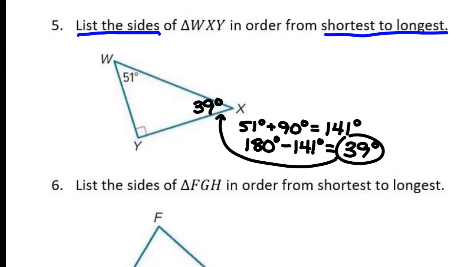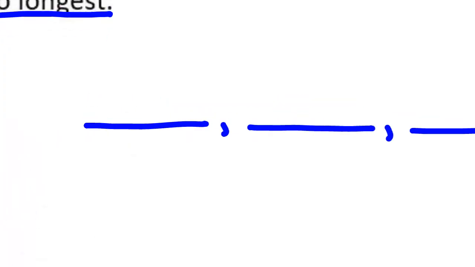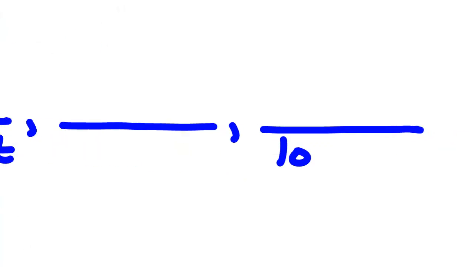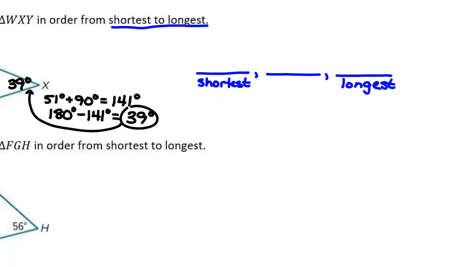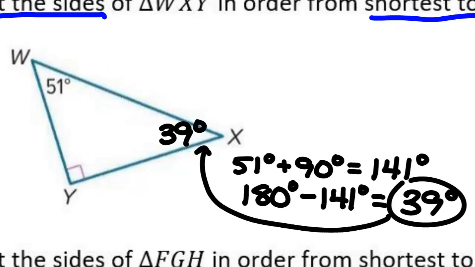Now I have enough information that I can put these sides in order from shortest to longest. The shortest side has to be opposite the smallest angle. Which angle in that triangle is the smallest angle?